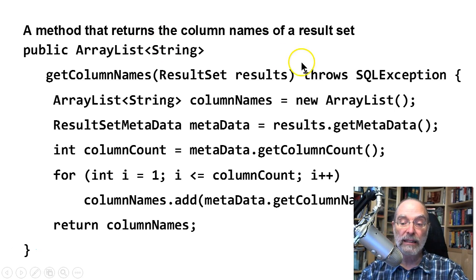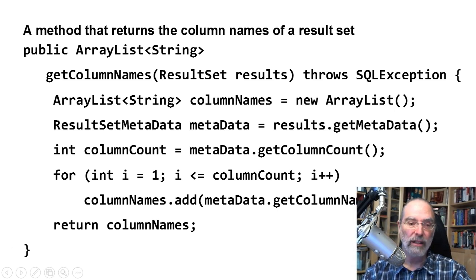So let's look at this example here. I'll stay down here. So I have an array list of strings, and I have a method called getColumnNames. GetColumnNames, that's my method, receives a result set. So we can imagine that somewhere else in this class, in another method, a result set is retrieved.